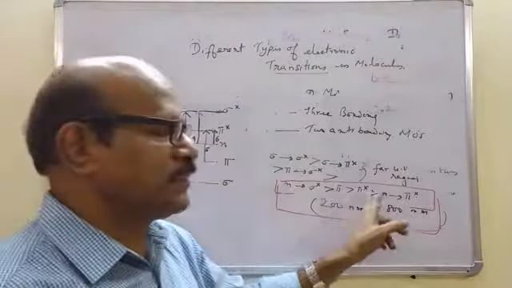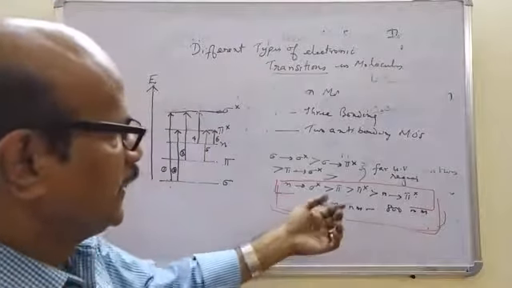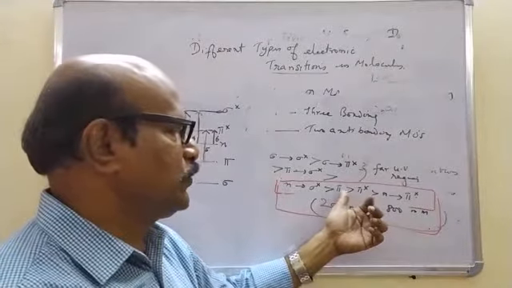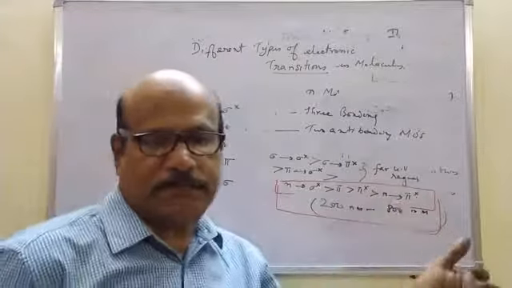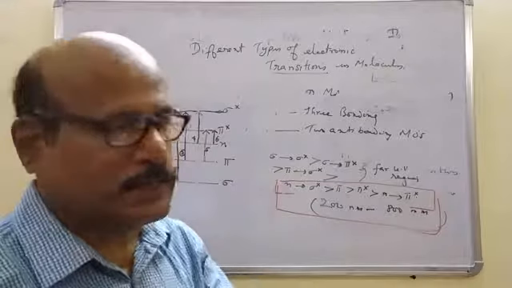Similarly, any molecular system which is unsaturated can cause pi to pi star transition by the absorption of UV and visible radiation, and thus we can analyze the molecular structure.